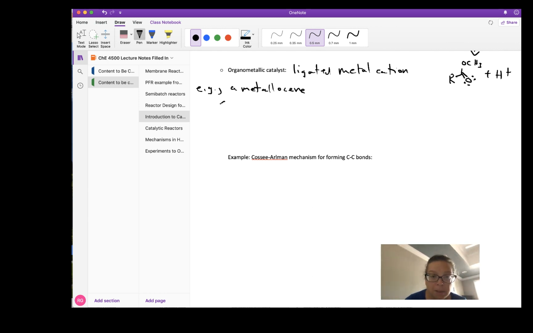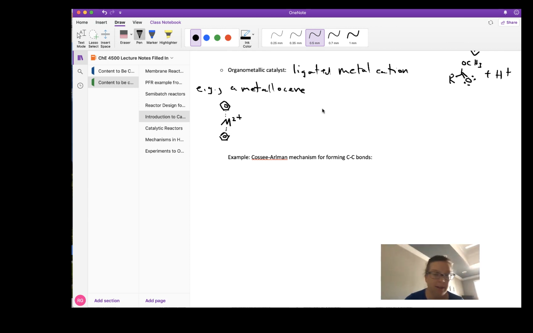That might look something like this, where I'm going to give the generic symbol M to stand for metal cation. So the metallocene is a metal cation that's bonded to two cyclic hydrocarbons.